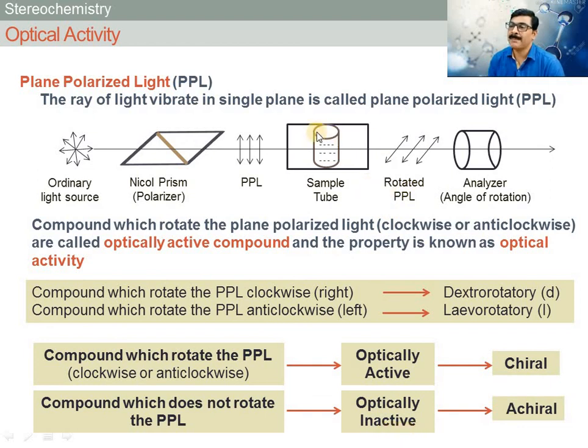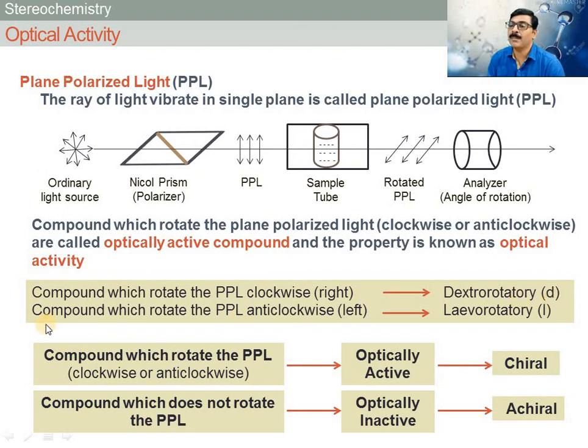Means if the sample has the tendency to rotate the plane polarized light, then it is optically active, but if the sample does not rotate the plane polarized light, then it is optically inactive. And if the compound rotates the plane polarized light clockwise or right in direction, then such a compound is dextrorotatory, and it is represented by the symbol small d.